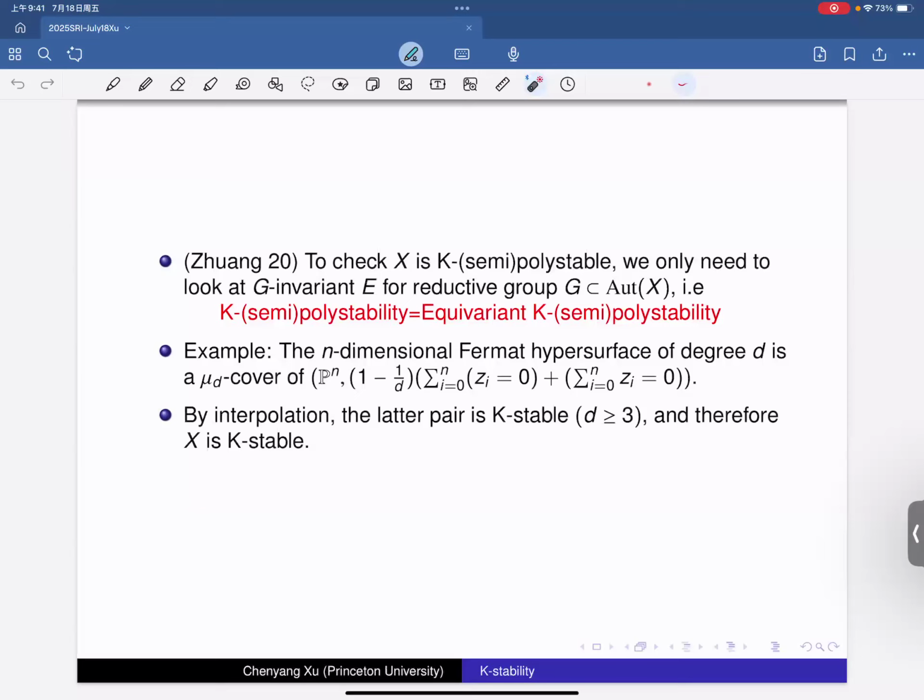Particularly, we know that there is a μ_d action on the degree d Fano hypersurface. Then I just take the quotient. The quotient will be P^n with a hypersurface of degree d with coefficient 1 minus 1 over d. But then by simple interpolation, you know that this pair is actually K-stable when d is larger than 3. So then you get that the Fermat hypersurface is K-stable. Then you know there's an open set that is K-stable.